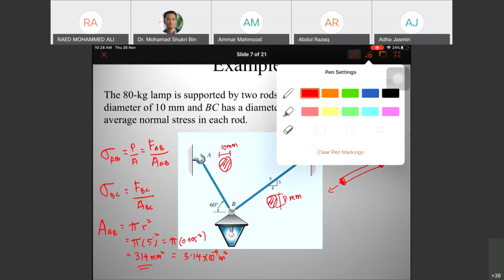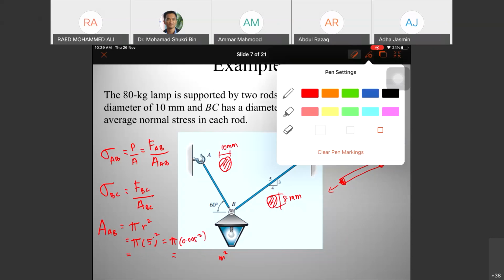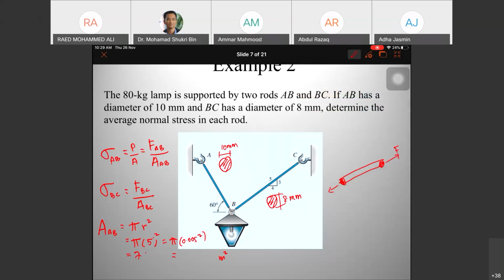So the answer for area is pi r squared, pi times 5 squared, so 78.57 mm squared, or pi times 0.005 squared, which is 7.85 times 10 to the power of minus 5.